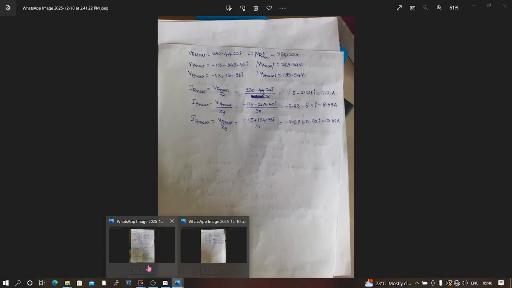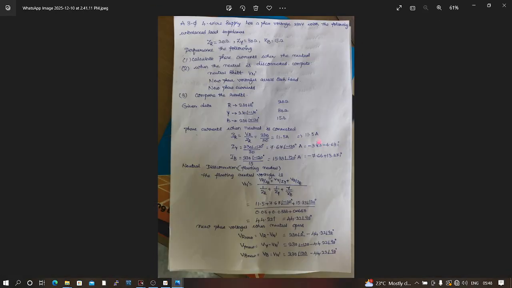If you observe clearly the previous values and these, let me show the previous values. What are the previous values we got? 11.75, then 7.67, and 15.33. If you observe, the values here are increased. Previously 11.5, now it is increased to 11.71.